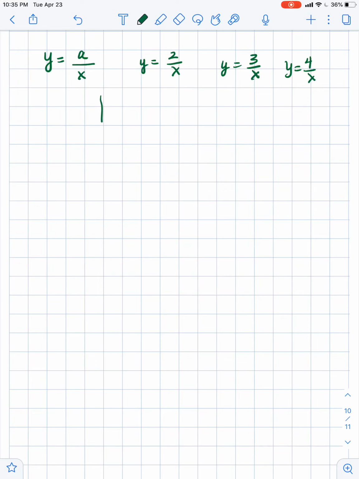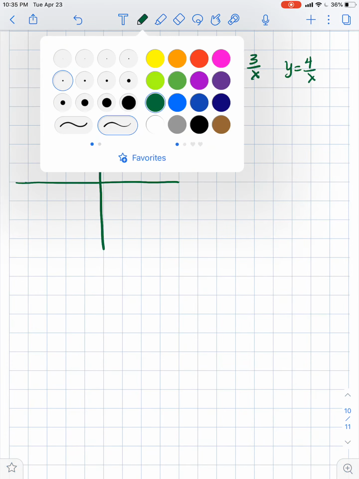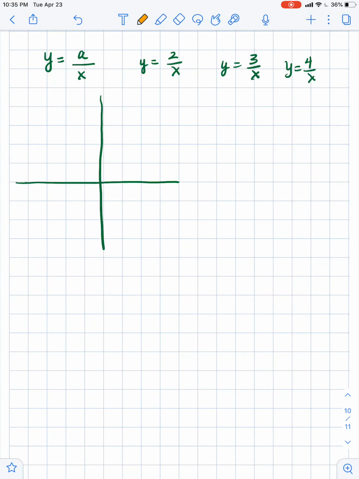Well, what happens to your graph is, one, it does not change my asymptotes. So my asymptotes are still going to be x equals 0 and y equals 0. And we do need to label these: vertical asymptote, horizontal asymptote. Okay? So we do label which one is which.